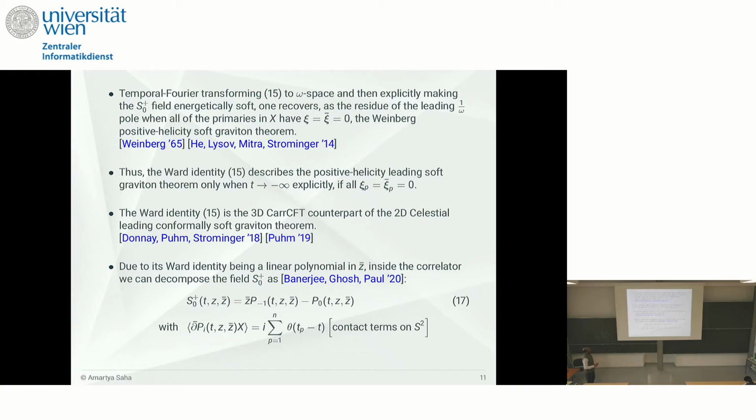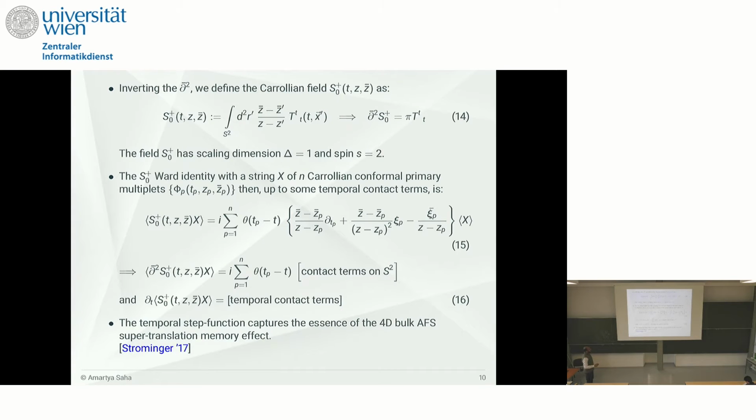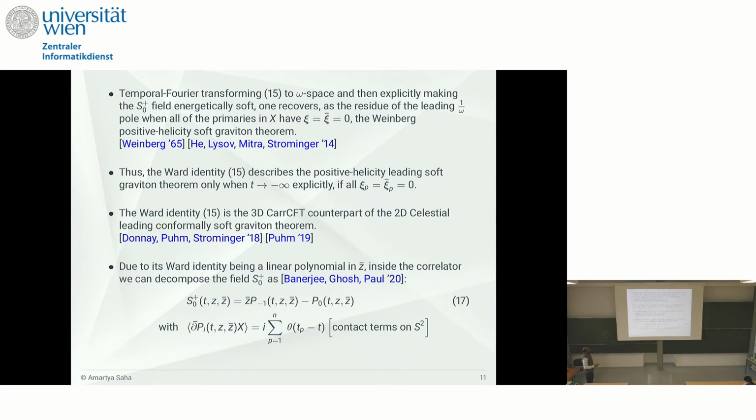We have to Fourier transform only from t to omega space, so only a temporal Fourier transform, and then we have to explicitly take the omega tends to 0 soft limit only for this S0 plus field. If we do that, we will exactly recover the Weinberg leading soft graviton theorem. Since we require omega tends to 0 explicitly, this translates into the fact that Ward identity 15 is describing the positive helicity leading soft theorem only at the particular value t tends to minus infinity.